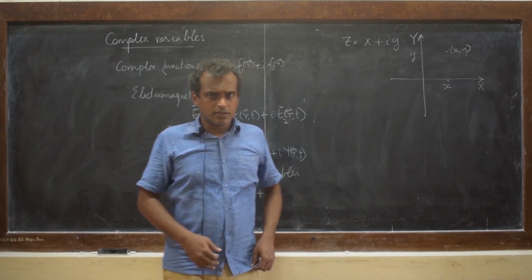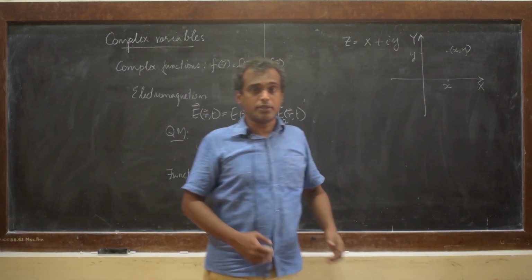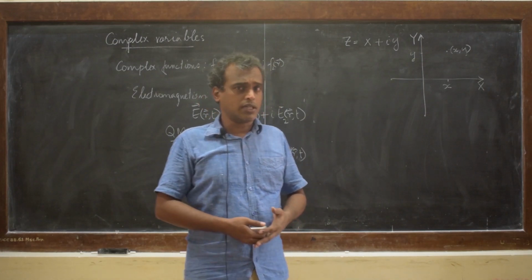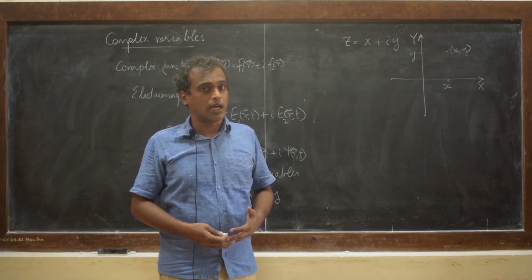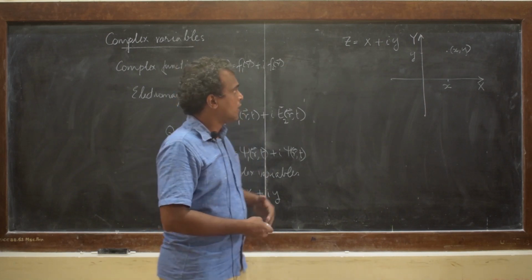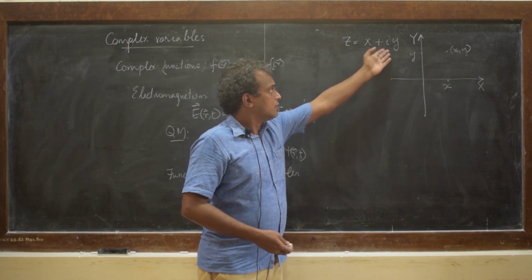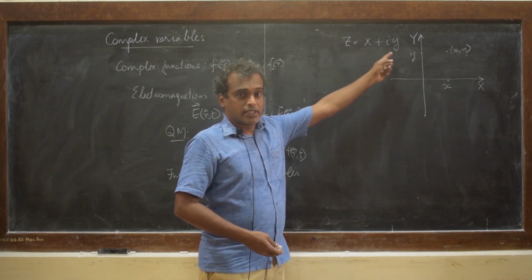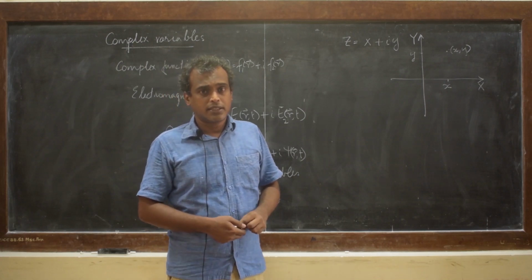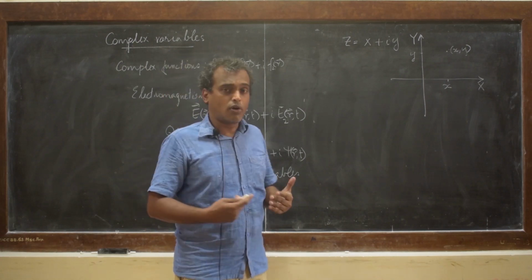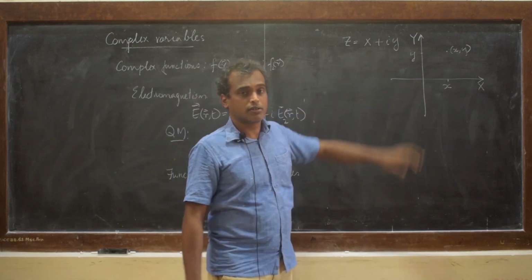Now this way of representing a complex variable, or this way of identifying a point on a plane, is very familiar to us because we have been doing this since the time we learned about Cartesian coordinates. So the way I write a complex variable in this fashion can be readily called the Cartesian form of representing a complex variable.